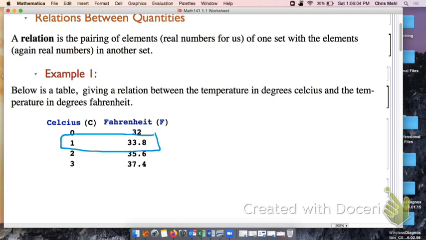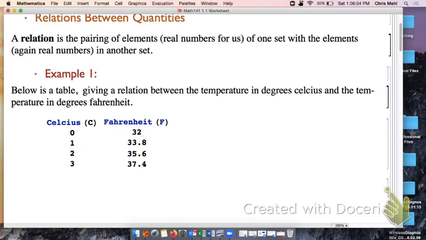And this is just 4 different pairings in that relation. We're going to see in a second, one way to describe a relation is just to list the elements in both sets, and if they're in the same row, then they would be paired together.